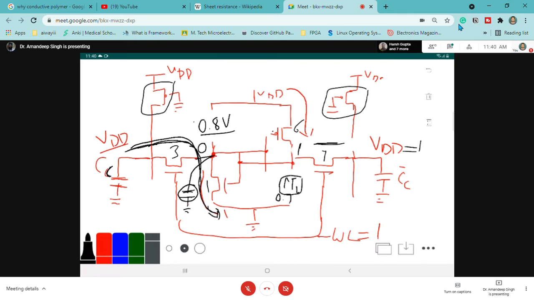And if M2 gets turned on, the 1 value which is stored here will go to discharge. And if this is discharged, then this will be 0, which in turn turns on this M5. And if M5 is turned on, then the value stored here will become 1. It means your stored value will be disturbed.